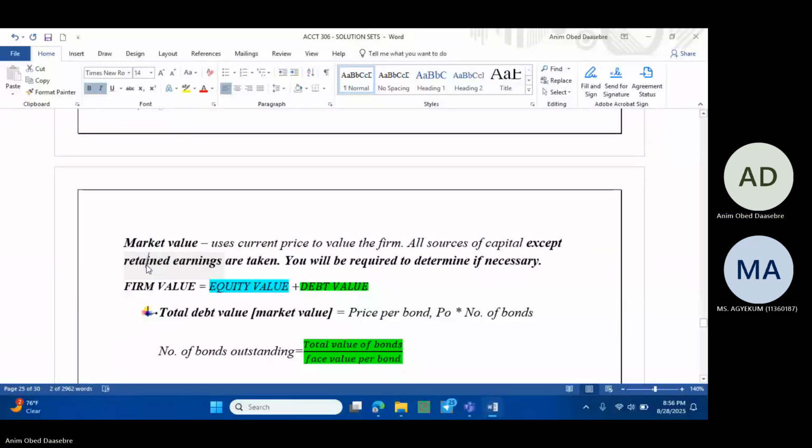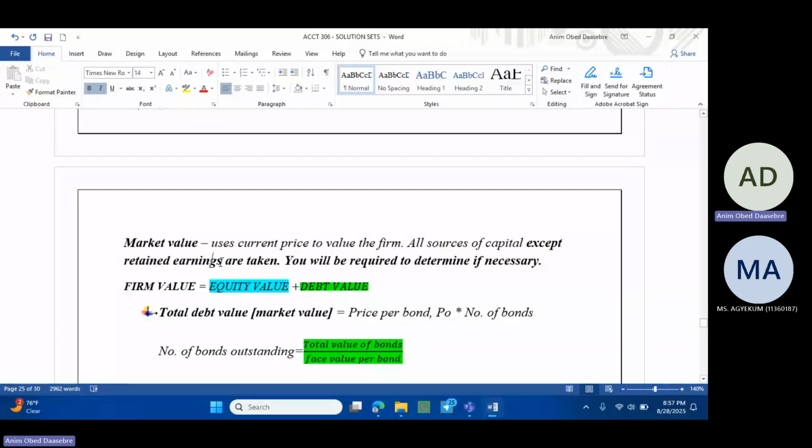So for the capital, you have components of capital or components of equity. We have preference share, common share. Another name for retained earnings is profits, reserves, capital reserves, or in some content you see earnings.